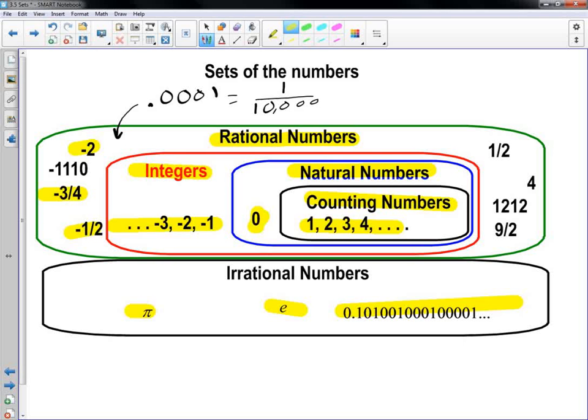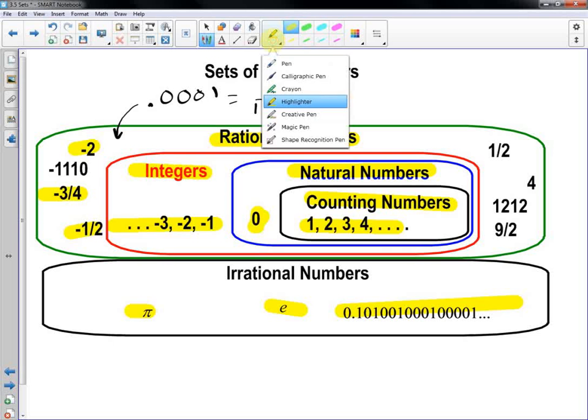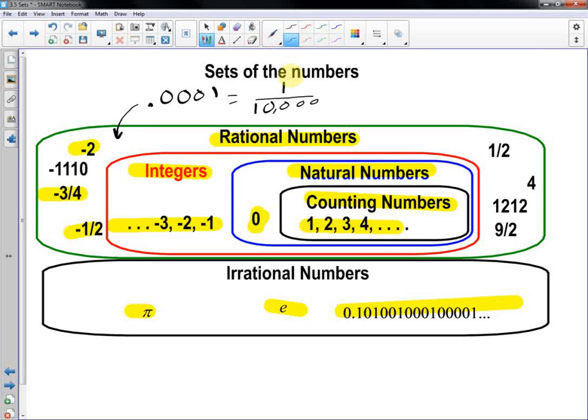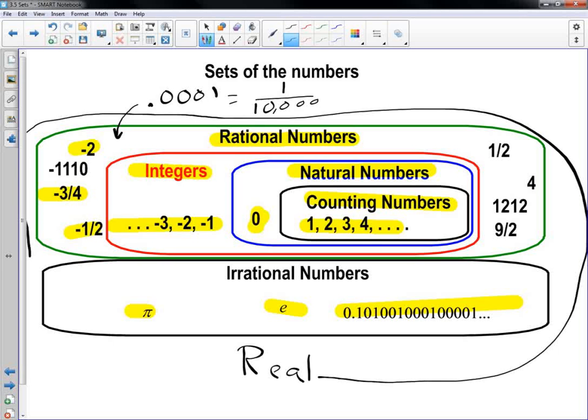Everything together here is called real numbers. So every number that we've learned in our lives so far is part of the real numbers. So everything's a real.